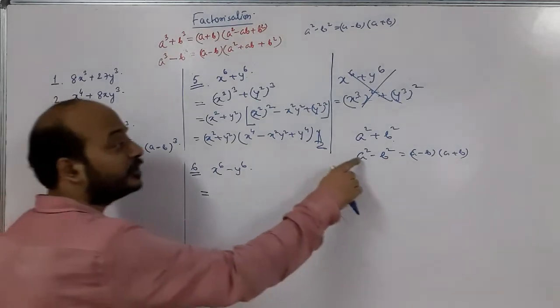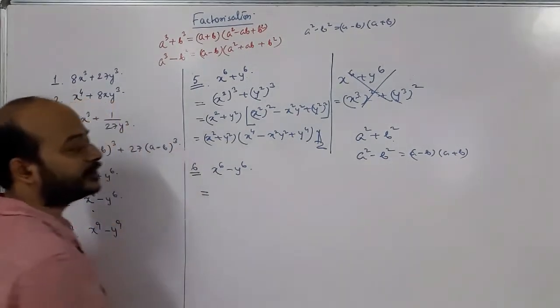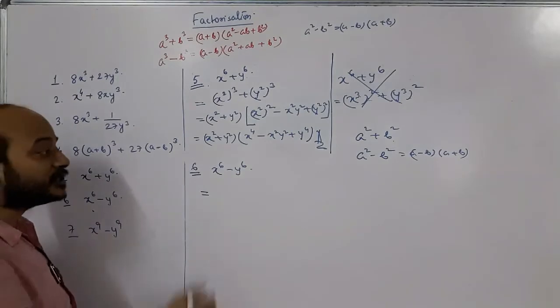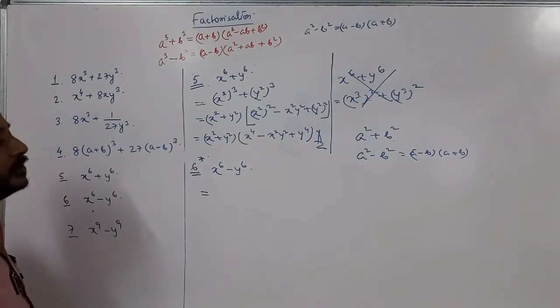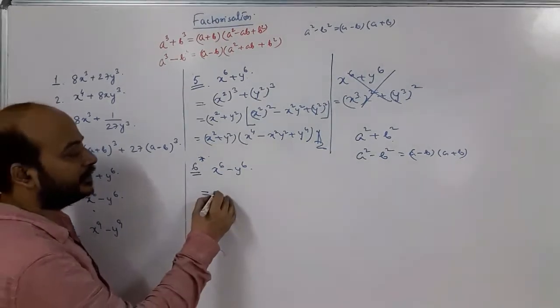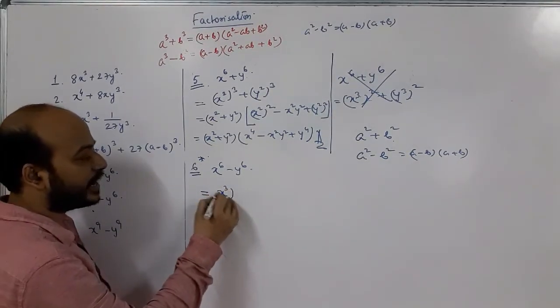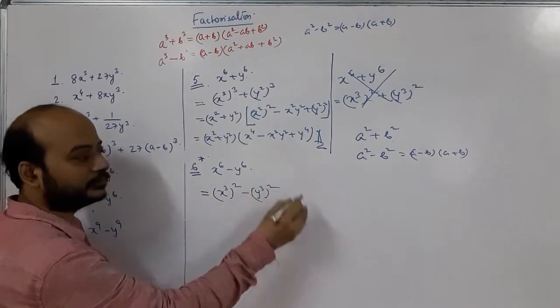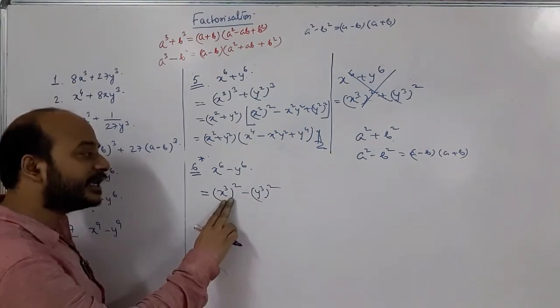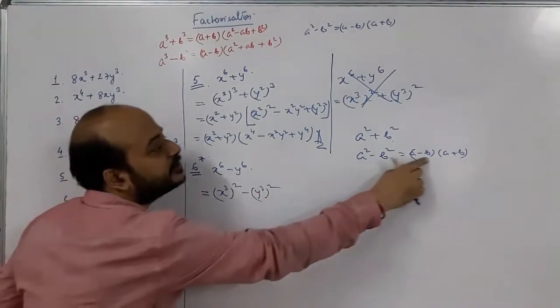But there is a formula for a square minus b square. So first in this sum what we will do, remember, is very important. We will first break into squares, so that we can first convert this into a square minus b square format.